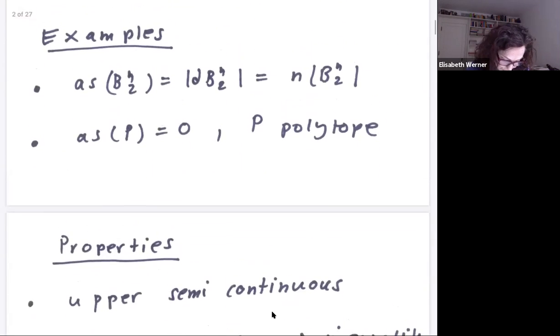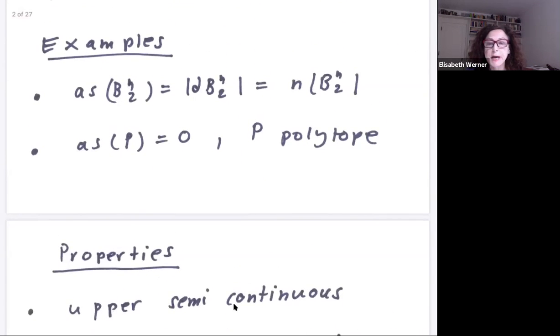The first property I want to mention is upper semicontinuity. This affine surface area is upper semicontinuous. However, if we look at the examples we have, we see that we cannot expect continuity, because every convex body can be approximated, say in the Hausdorff metric, by polytopes.